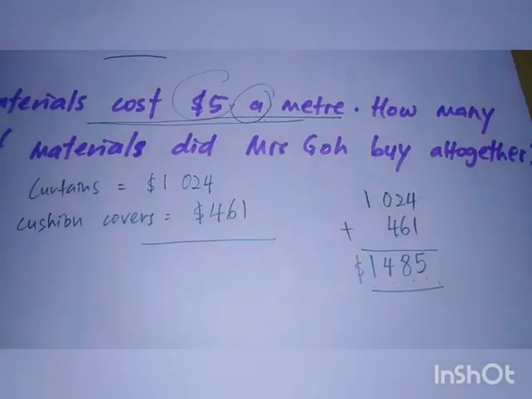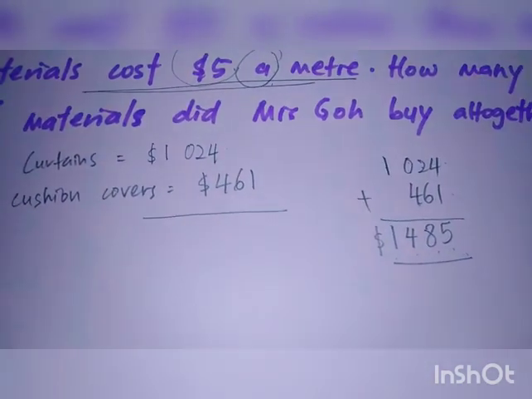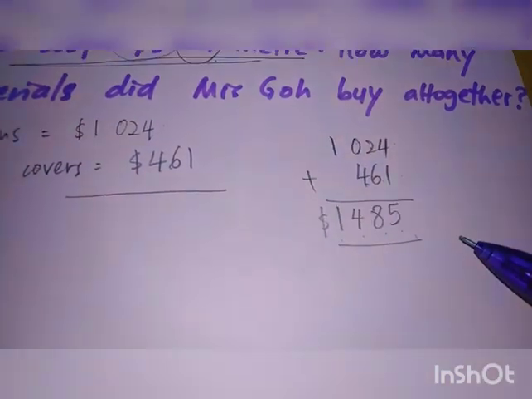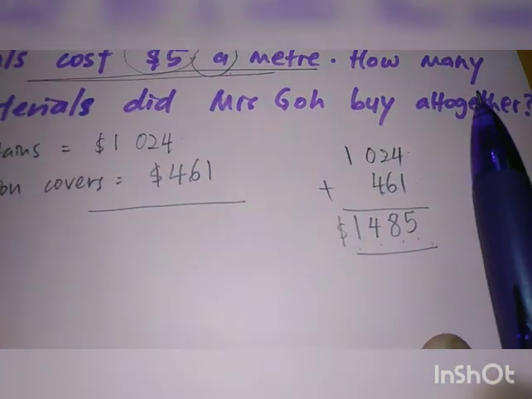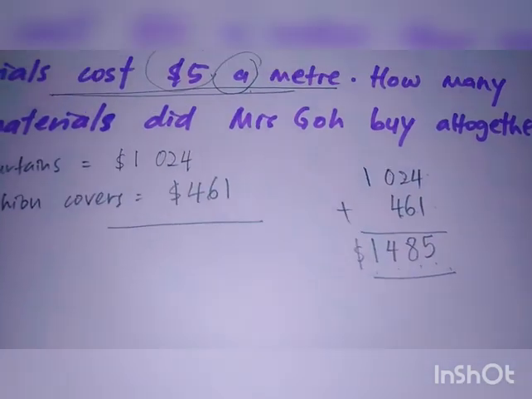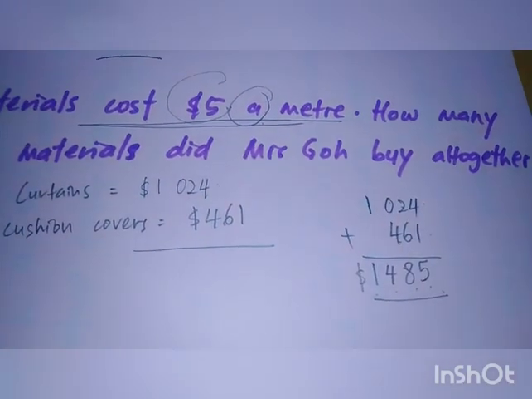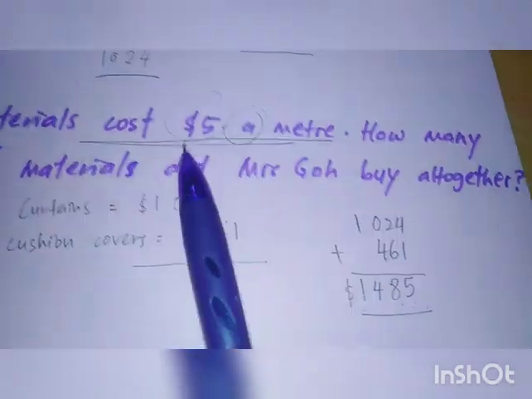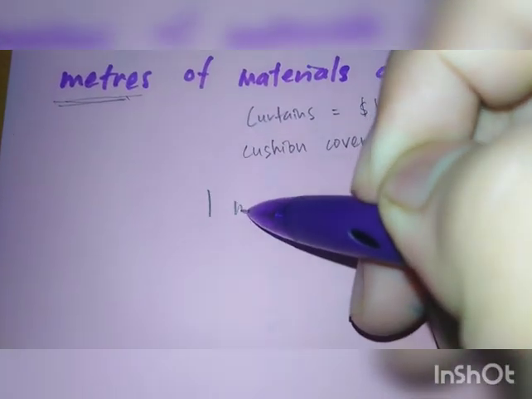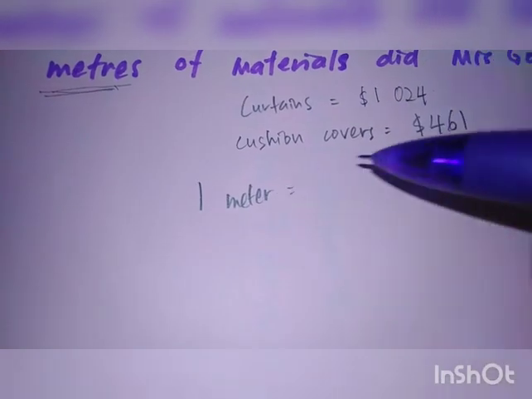We already know the total spending for both curtains and cushion cover, which is 1485. So to find the answer for the meters, we just need to divide by $5 because 1 meter is $5.